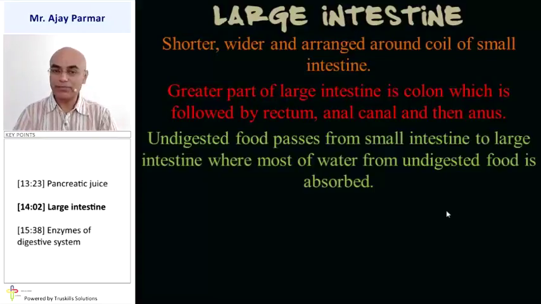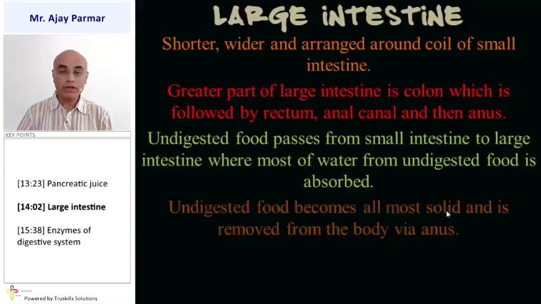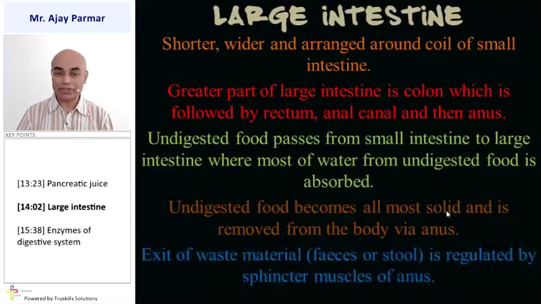The undigested food mass that has come from the small intestine will pass into the large intestine, where any extra water that might have entered will be reabsorbed. The undigested part of the food will become almost solid or paste-like and will be removed from the body via the anus.